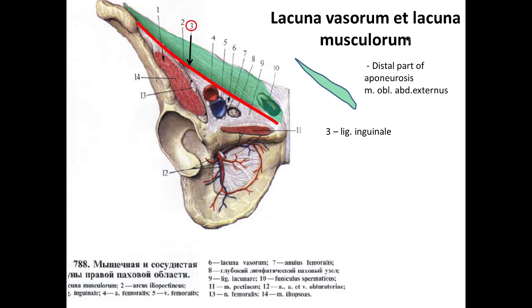Why do they have such names? Because there are special structures which we can find there. What structure divides the space into two lacunas?